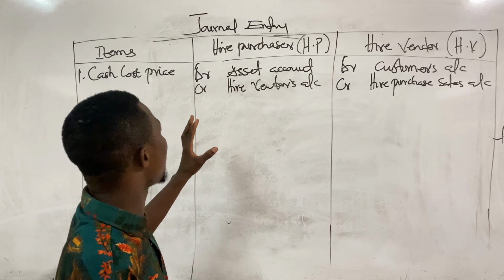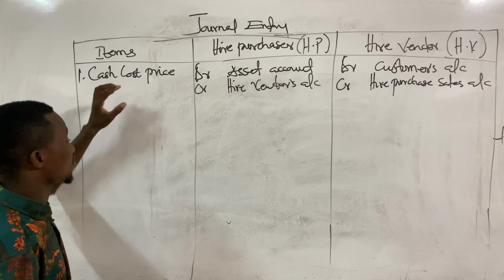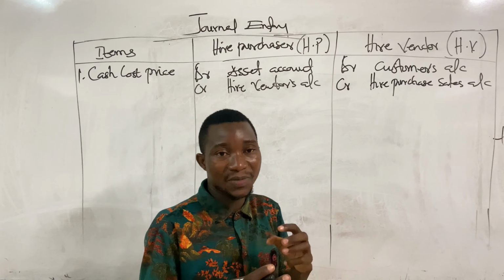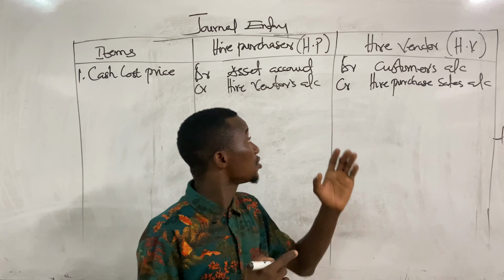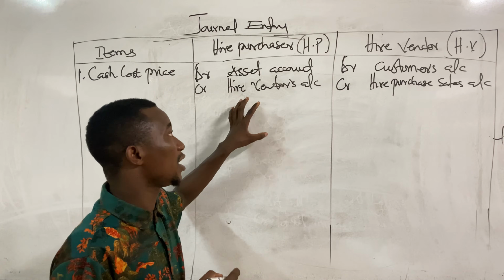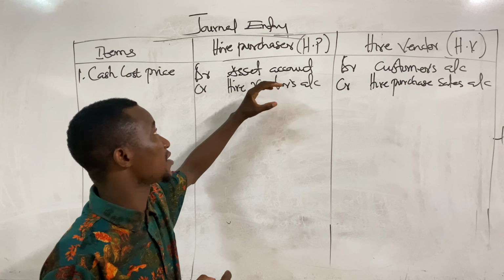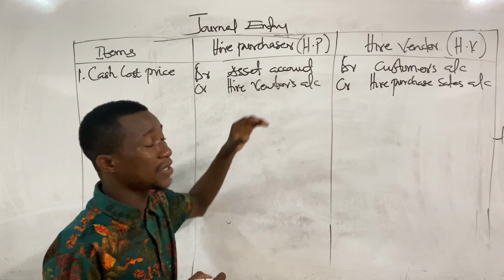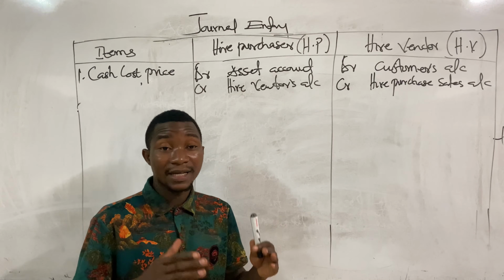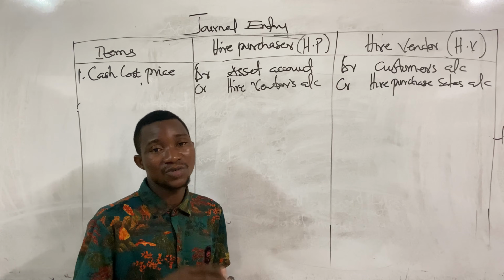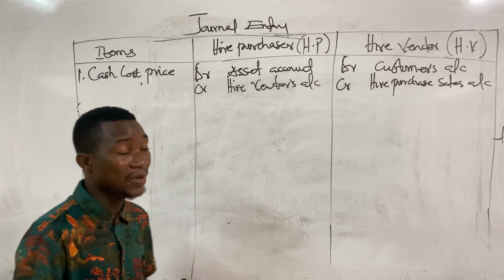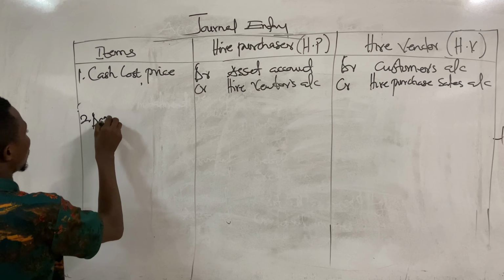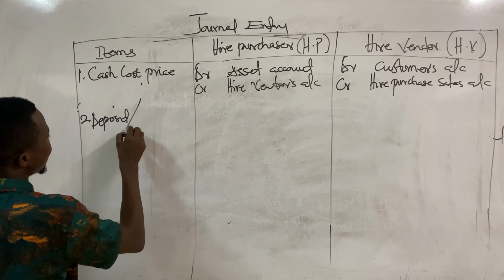So that is the double entry for the cost price of the item that is being sold to the hire purchaser, in the perspective of the hire vendor and that of the hire purchaser. Is that clear? The next item I would like to talk about is when there is a deposit or installment basis. So, deposits or installments.